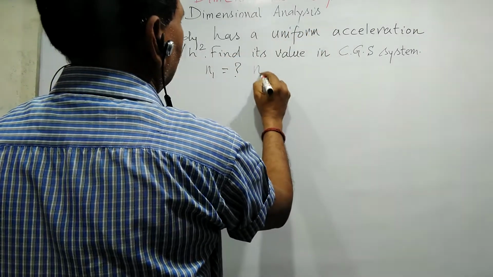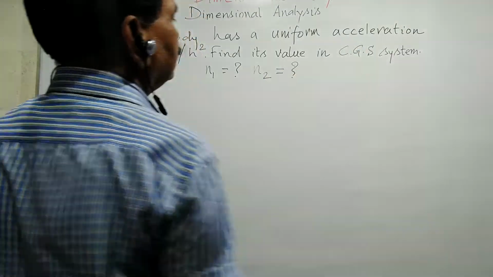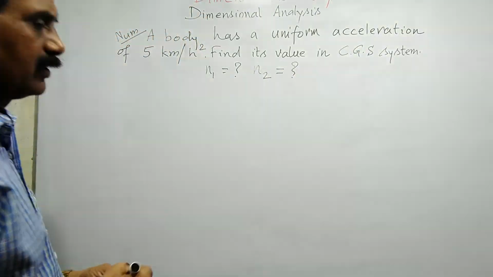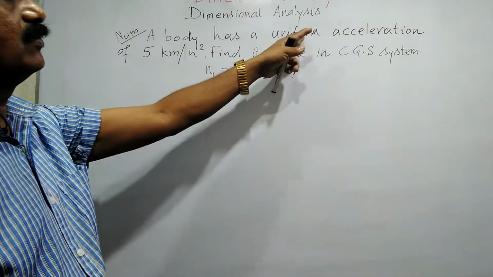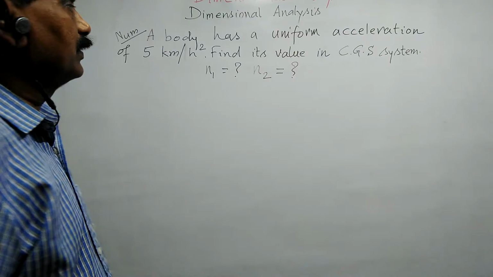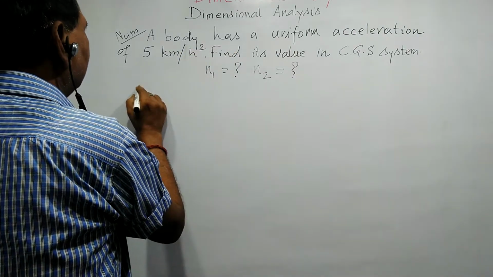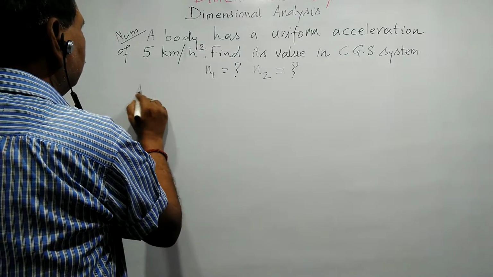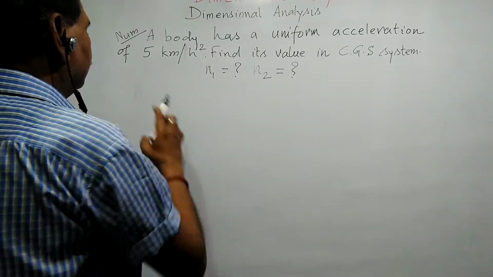We have to find the value of N2 in the CGS system. At first we write down the dimension of the given quantity. The given physical quantity is acceleration.